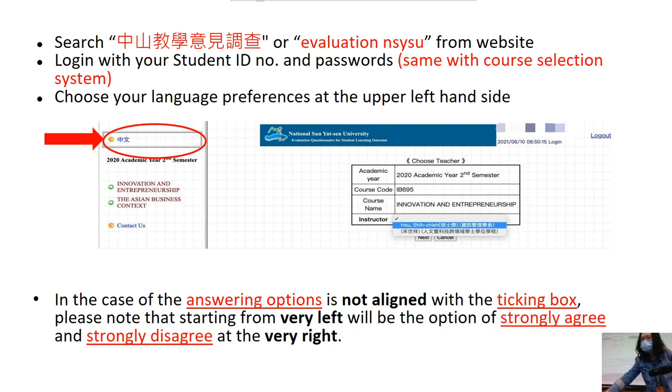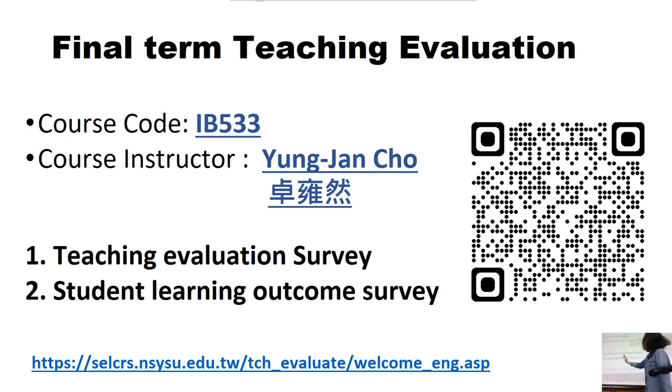Then we will need to do 2 evaluations. One is the teaching evaluation, the other is the learning outcome. After you've done the first one, the second one will follow, and you might need to choose the language preference again.